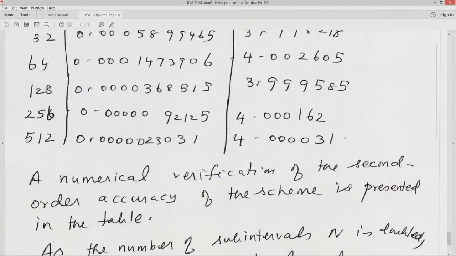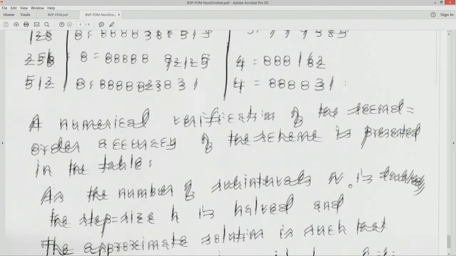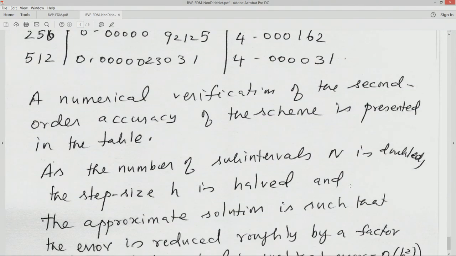So, in this lecture we have discussed finite difference methods of solving linear boundary value problems, which are governed by second order differential equation subject to either Dirichlet type of boundary conditions or Neumann type of boundary conditions or Robin type of boundary conditions.